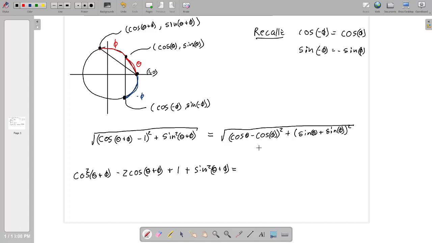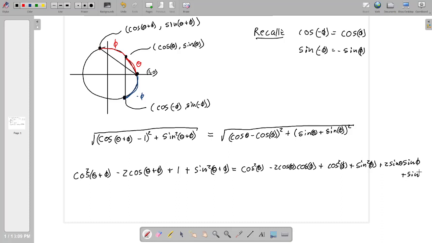Now on the right side, again, we FOIL these out, so we get cosine squared theta minus 2 cosine theta cosine phi plus cosine squared phi. That's this first one. Plus the second one would be sine squared theta plus 2 sine theta sine phi plus sine squared phi.